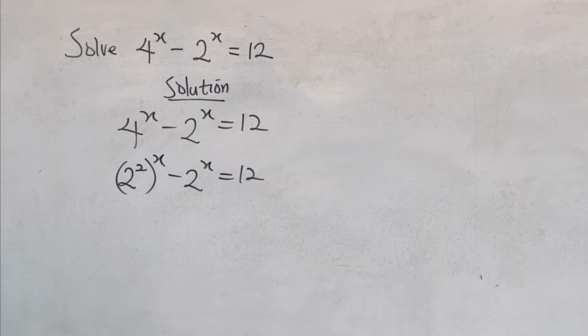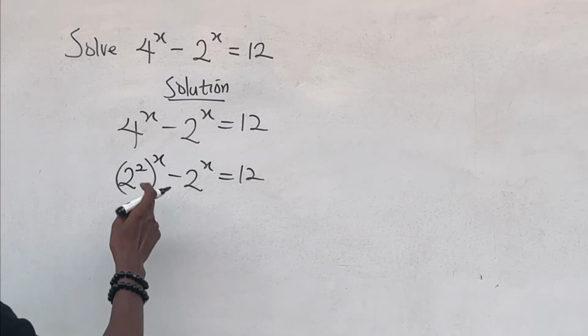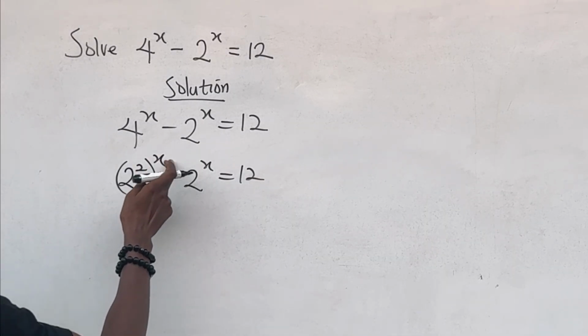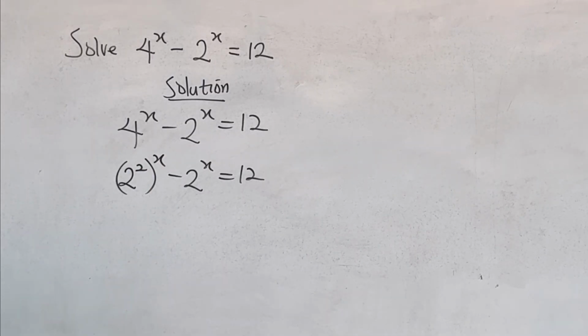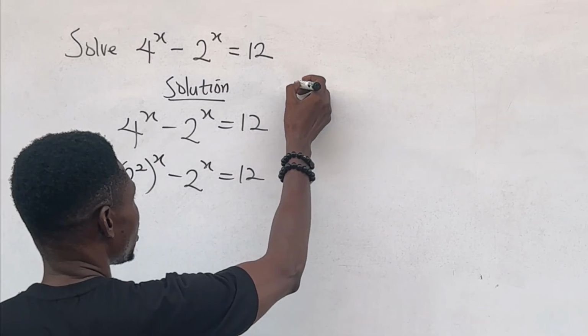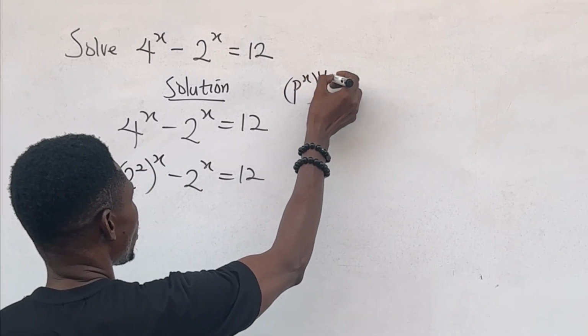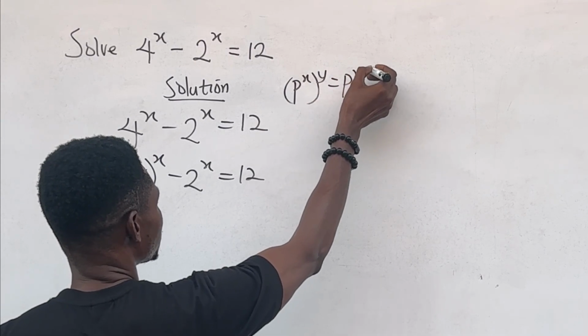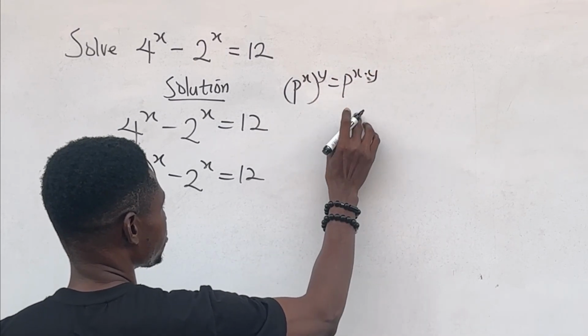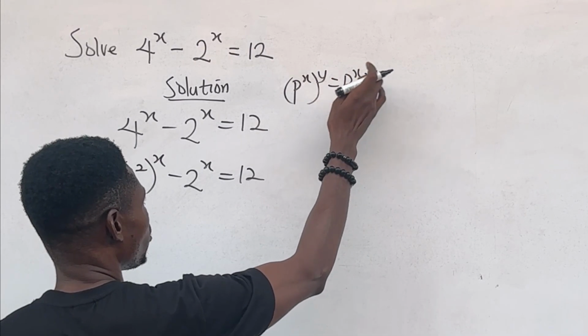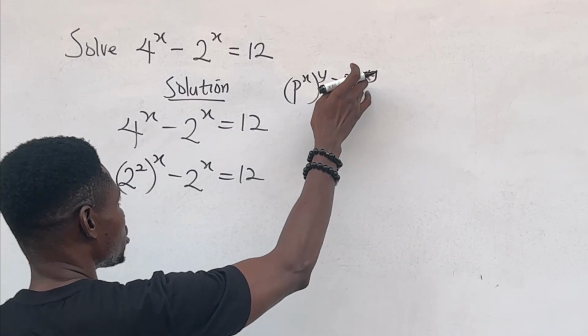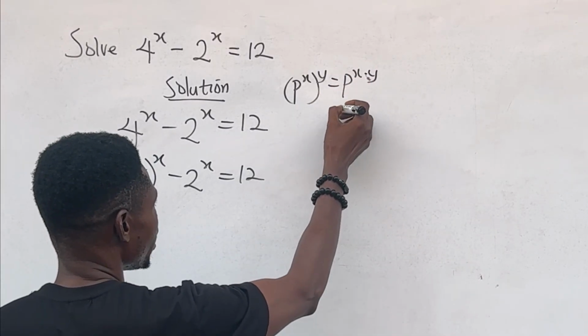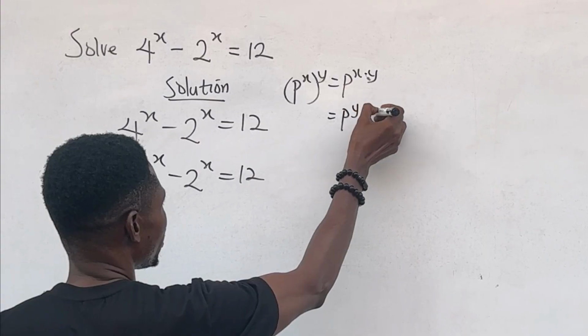Okay? Now, remember, when you have a power of a product, you can multiply both. The law of indices says that if you have p raised to the power x multiplied by y, you just say p raised to the power xy. So remember, multiplication is commutative, so x multiplied by y is also y multiplied by x.